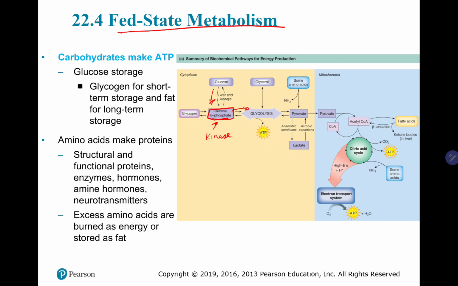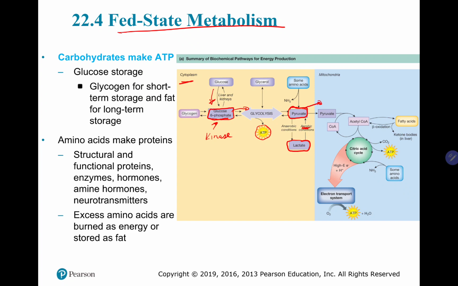Glycolysis, remember, is the breakdown of glucose in the cytoplasm, does not require oxygen, but we are able to produce a little bit of ATP through the process of glycolysis, and as the end result of glycolysis, we're able to make pyruvate. And if we don't have oxygen, it'll go through an anaerobic condition and produce lactate or lactic acid. But if we do have oxygen in an aerobic situation, that pyruvate will move into the mitochondria.